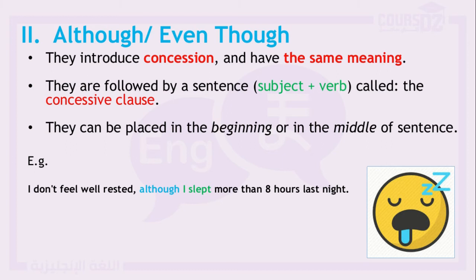So sentence A and sentence B, the ideas تاعهم, their ideas are contrasting ideas. Okay? But we linked them using although to express concession. يعني حكمنا sentence B اللي الفكرة تاعو تقدر تكون مضادة للفكرة تاع sentence A أو ما تمشيش معاها normally، ربطناهم باستعمال although, and that's how we express concession.